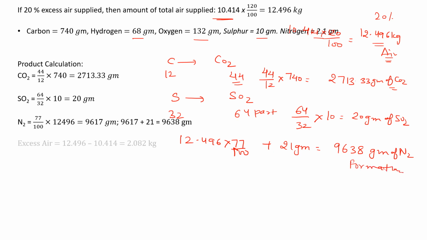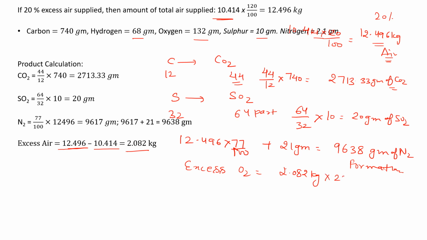Next in the dry product calculation, we will calculate the excess oxygen, which will not participate in the combustion reaction. For calculating excess oxygen, first we need to calculate the excess air. 12.496 is the air supplied and the air actually required is 10.414, so 2.082 kg of excess air we have supplied.